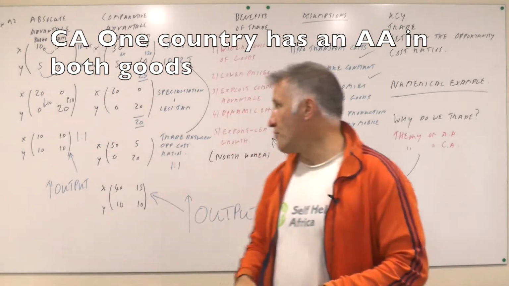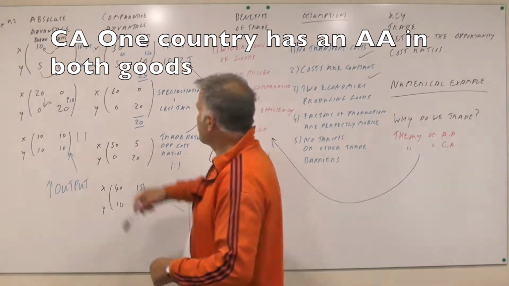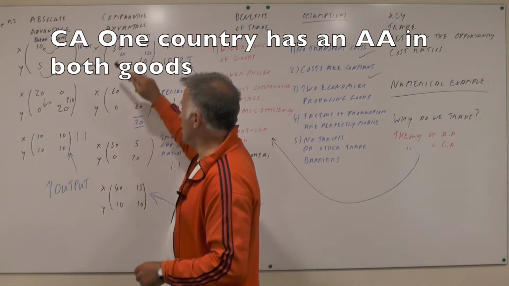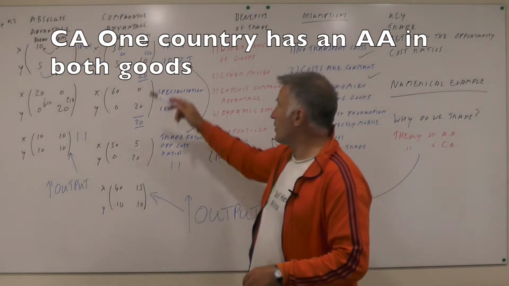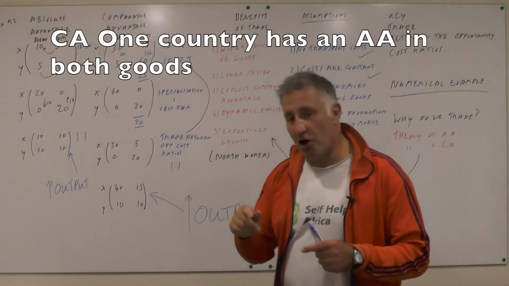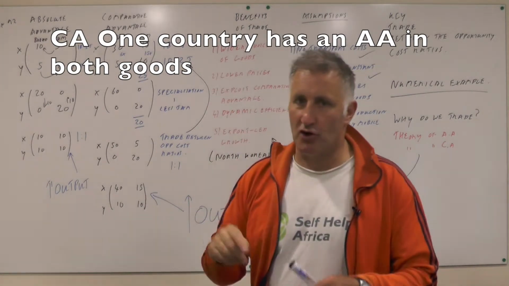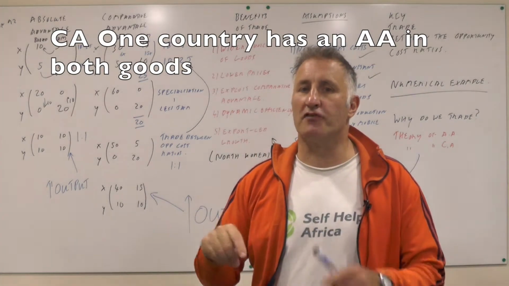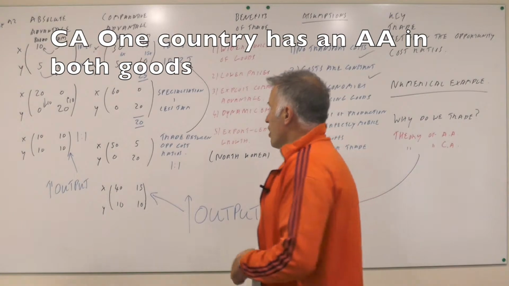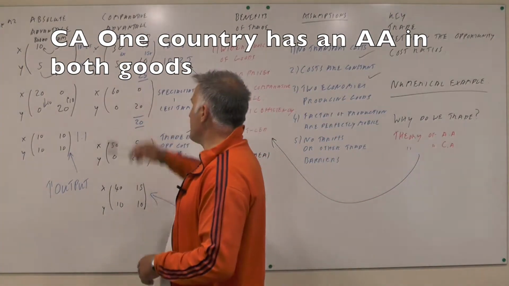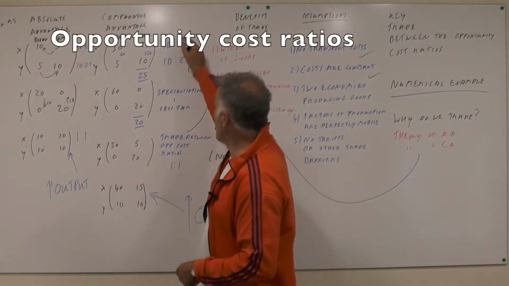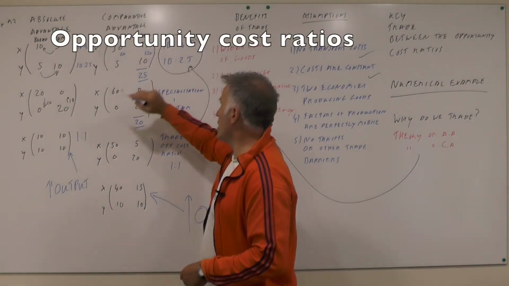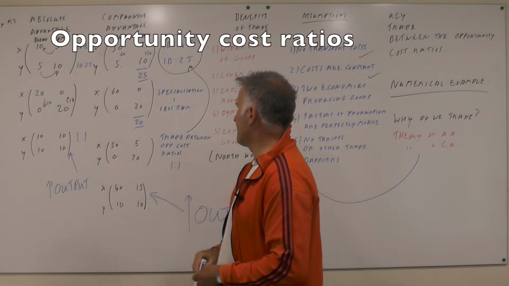So going back to this numerical example again, country X is 6 times more efficient at producing bread than country Y, and country X is also more efficient at producing jam than country Y, but it is only 1.5 times more efficient. So we end up with 30, 15, 5 and 10. Once again, we do the opportunity cost ratios, which are here, 1 bread, half a jam, 1 bread, 2 jam.